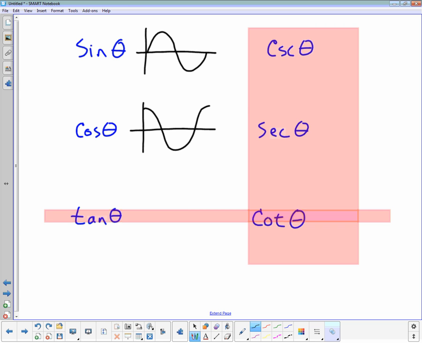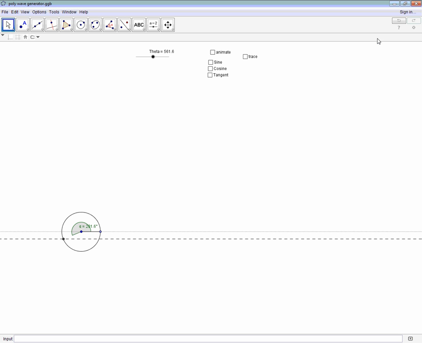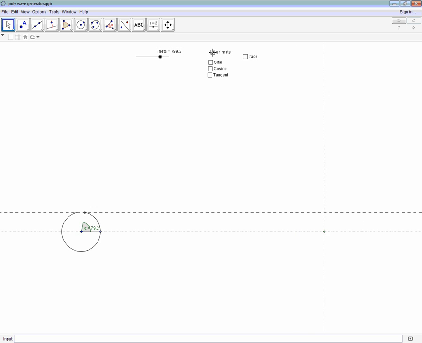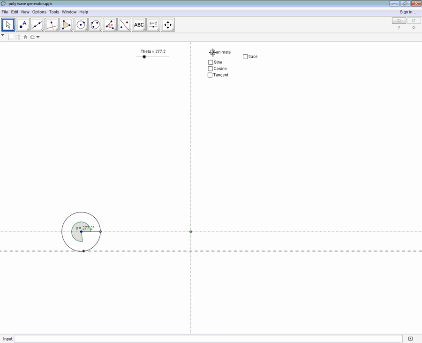Okay, come back. Now, ladies and gentlemen, take a look. I wanted to show you where these really do come from. I might have shown you this applet before. Did I ever show you the wave generator? Maybe not. What I've got here is a unit circle and a point spinning around the unit circle.